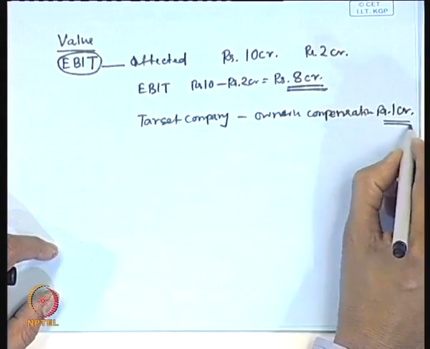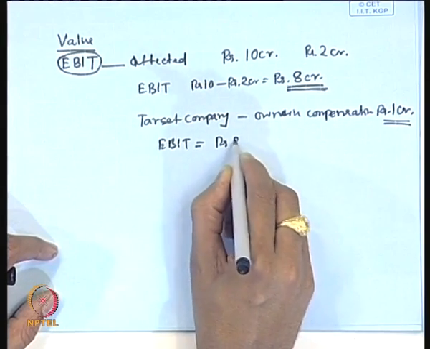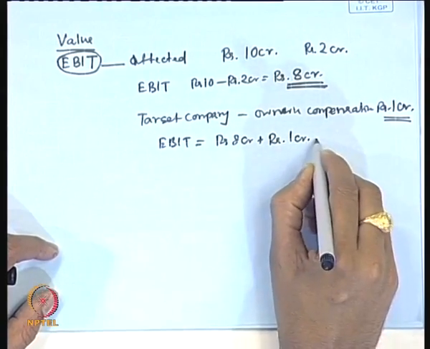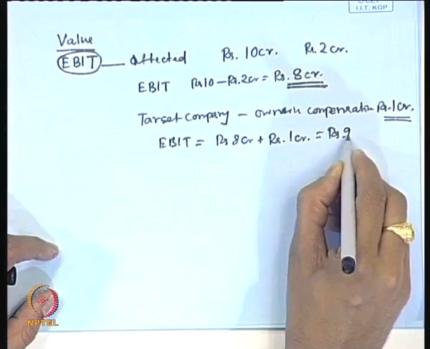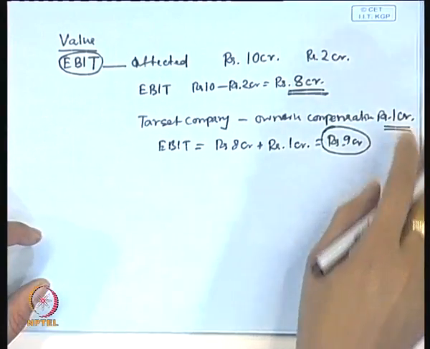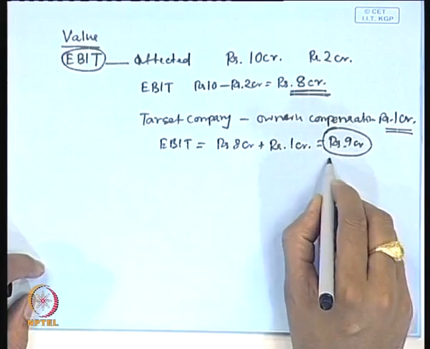In that case, what will the EBIT for our comparison be? Rupees 8 crore plus rupees 1 crore, that is rupees 9 crore, becomes the comparable EBIT as far as the target company is concerned. So, if such things are there in the comparable company also, that also has to be adjusted.